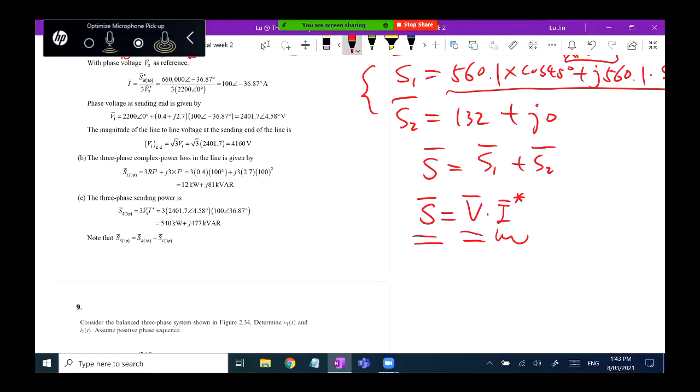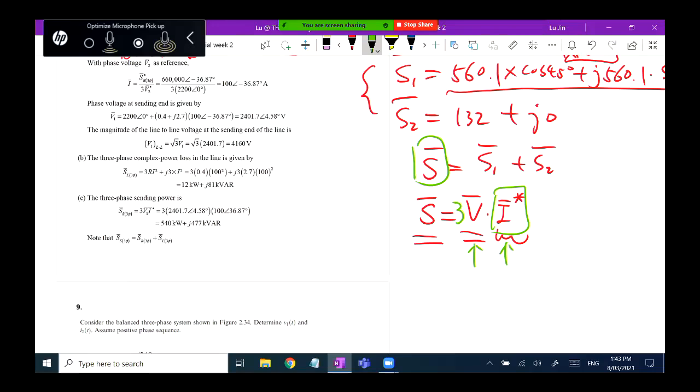But be careful here, because you are using a single phase voltage and single phase current. Please do not forget to include the number 3 here, because this is the total complex power for all three phases, but the voltage and current you are using are single phase. We want to know the single phase current for this question, right? So this is what we want to find out. The calculation should be easy. I leave that to you.